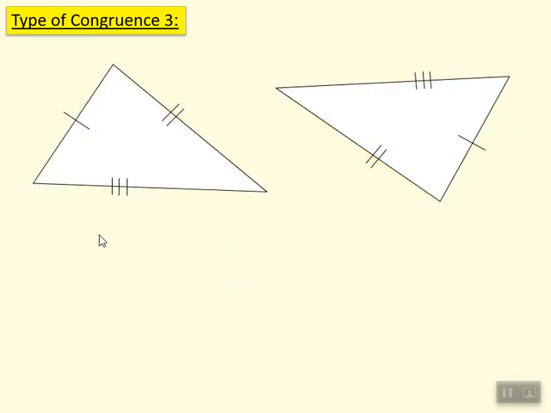So this is the thing to look for: side, side, side, or SSS. It's kind of self-explanatory, but if the three sides on both triangles match each other, so this one matches that one, this one matches that one, then those two triangles have to be congruent. They have to be identical to each other.